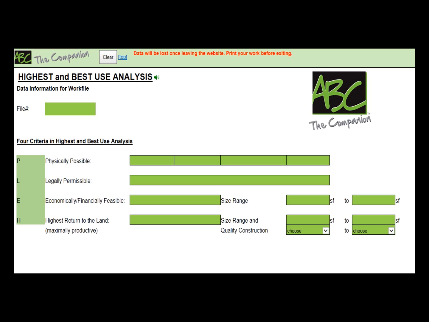Also, you'll see some little blanks here for the quality of construction. In your highest and best use analysis, you want to take into consideration the type of properties that are around in this development that we're speaking about. The quality ratings from UAD are from Q6 all the way up to Q1.